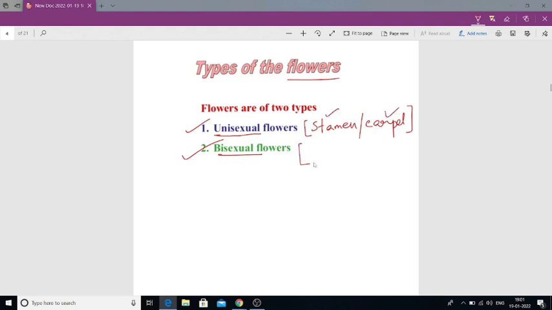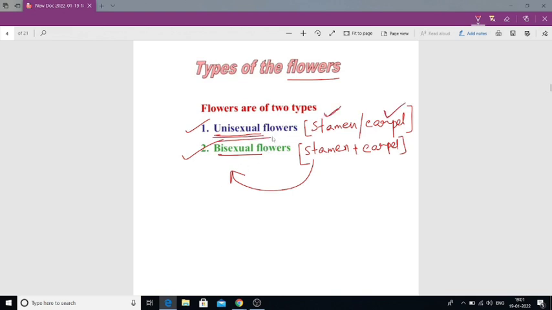But where the stamen and the carpel, that means the male and the female parts, are both present, it is known as a bisexual flower. Both sexes are present in the same flower, so it is known as a bisexual flower.